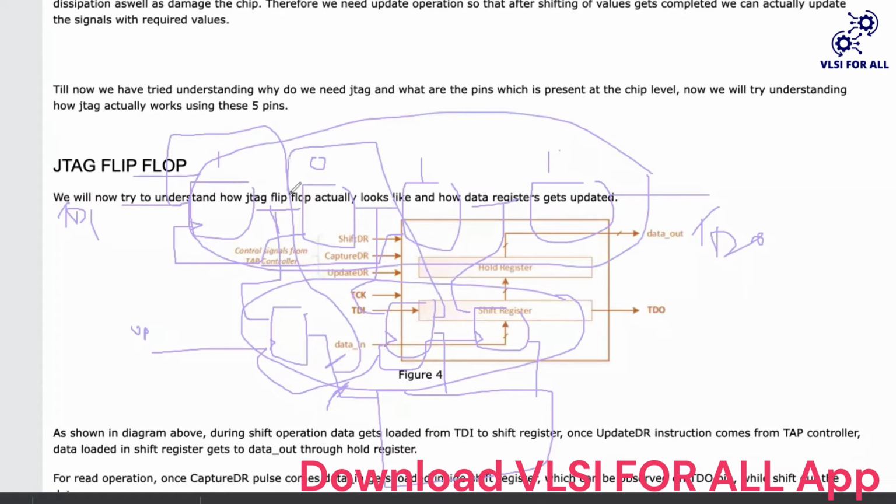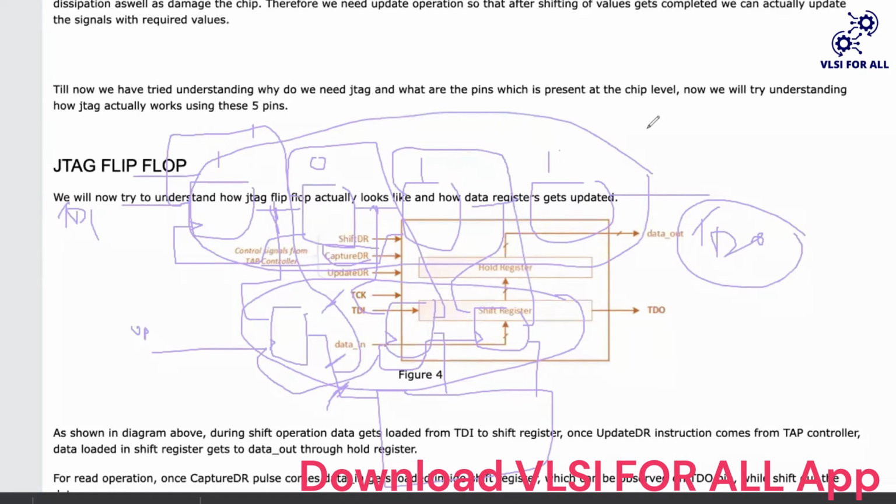So these will be connected to another pin of these flops, and on getting a capture DR pulse, the value which you are getting on these wires will be reflected onto these flops. It will be transferred through these flops, and you will be able to see it through TDO.